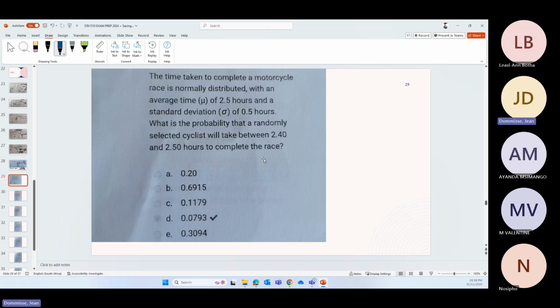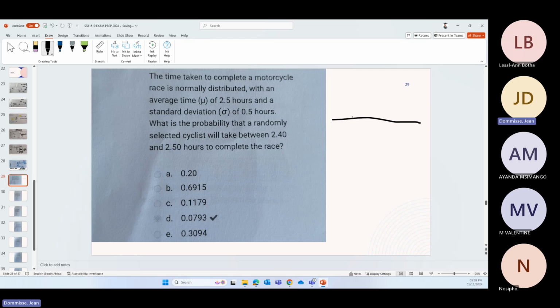Let's see what is in this information. The time taken to complete a motorcycle race is normally distributed with an average time of that and a standard deviation of that. What is the probability that a randomly selected cyclist would take between 2.4 and 2.5 hours to complete the race?